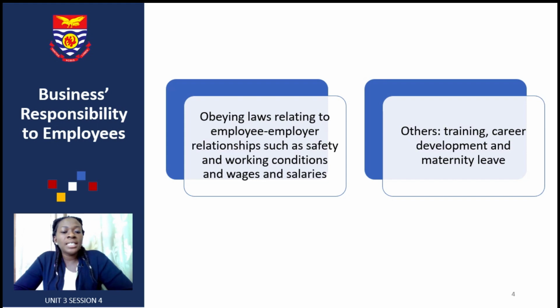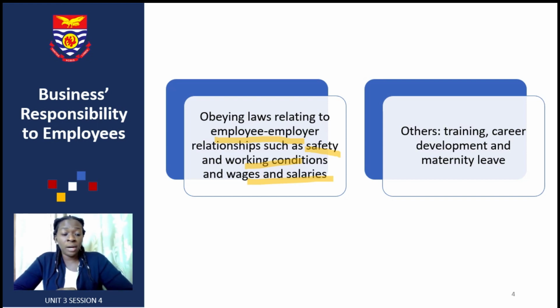So when it comes to the business responsibility to employees, first and foremost, the business has to obey all laws regarding employee-employer relationships, looking at safety, working conditions, wages and salaries. You have to look out for your employees. These days occupational health and safety is coming up strongly.